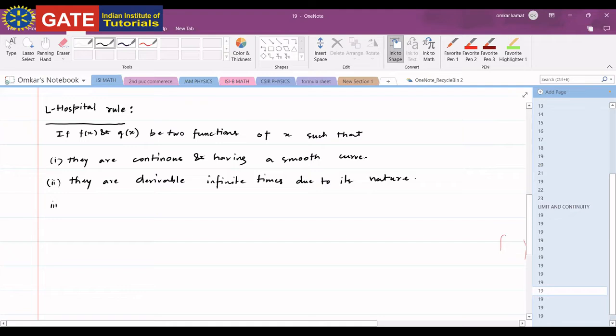Third point, limit as x tends to a f of x is equal to 0, equal to limit as x tends to a g of x.